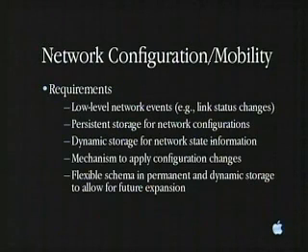So to be able to support this kind of thing, we have a set of requirements. The first thing that we need is some sort of low-level network events. So when the link status changes, we need to be able to find out about it and do something. We need some sort of persistent storage to be able to store the network configs.